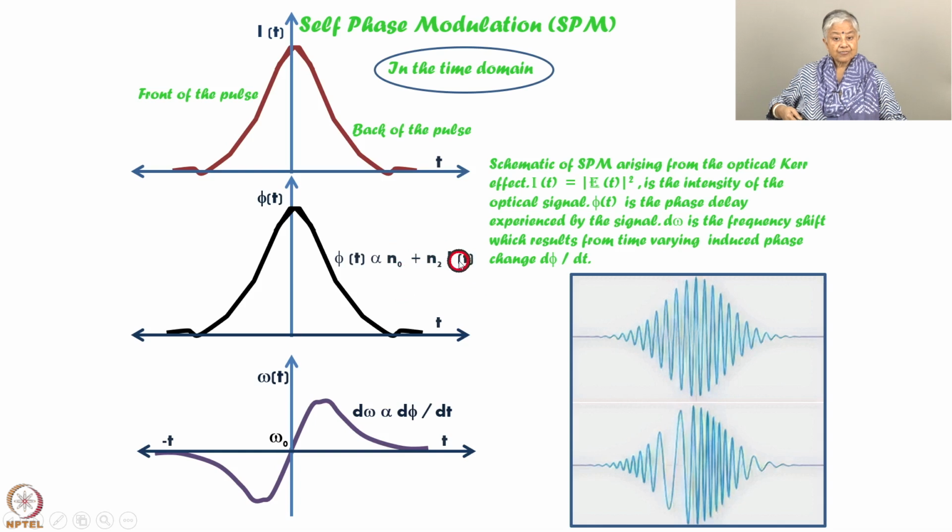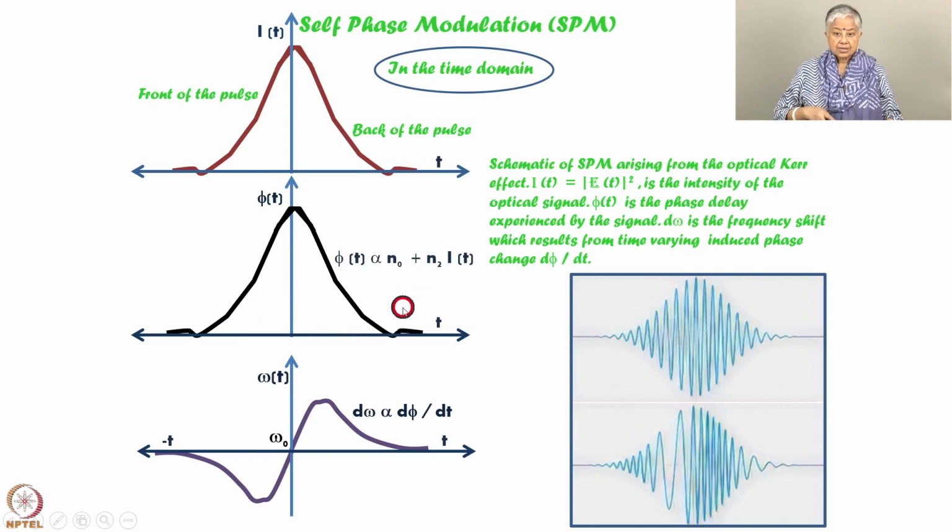So whatever is the refractive index at an intensity I at a time t, it gives rise to a phase change. Phase change means now the velocity of light passing through will differ at different times, not in different space, but in different times. It will undergo a change. So that is the phase change here. Phi is the phase, and this seems obvious.